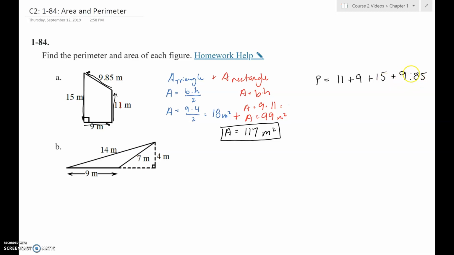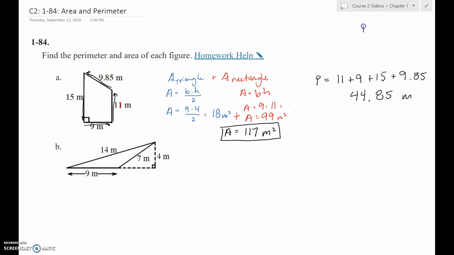So 35 plus 10 would be 45, but 15/100ths less, so 44 and 85/100ths. I think that's how that works.